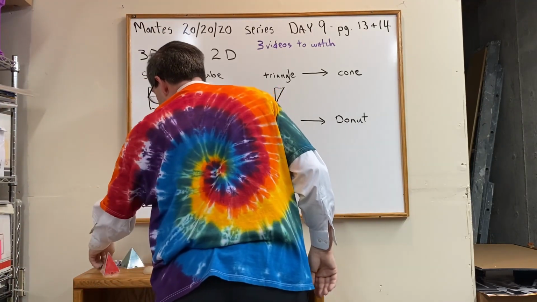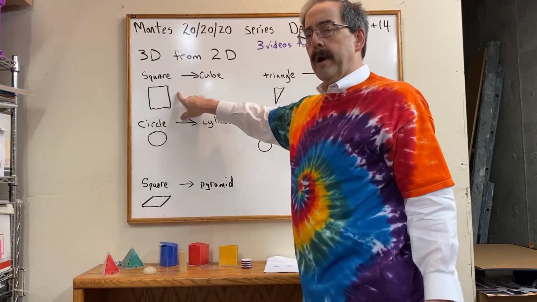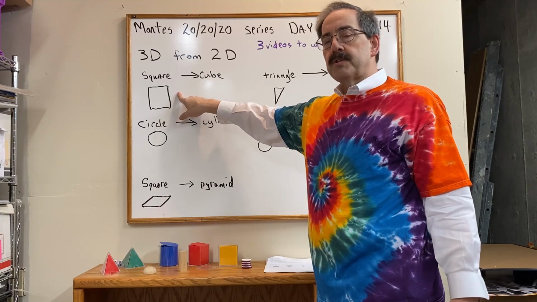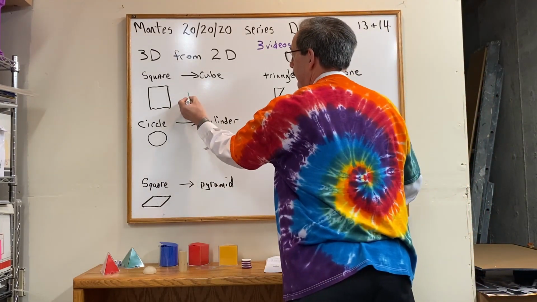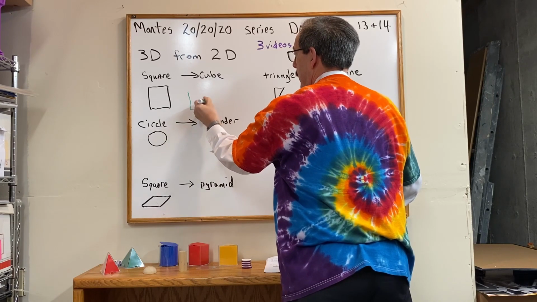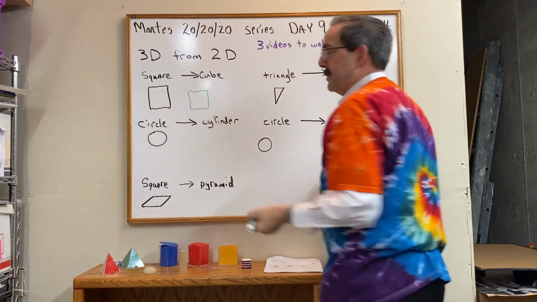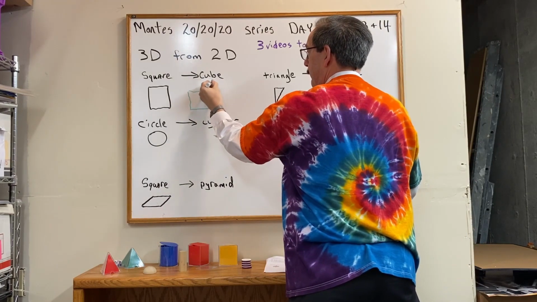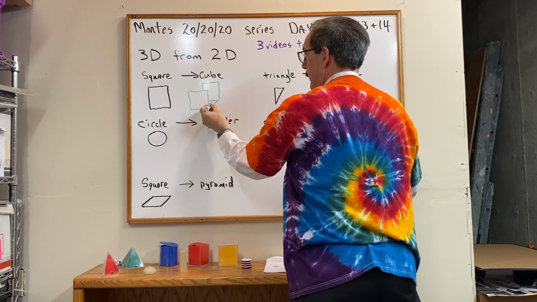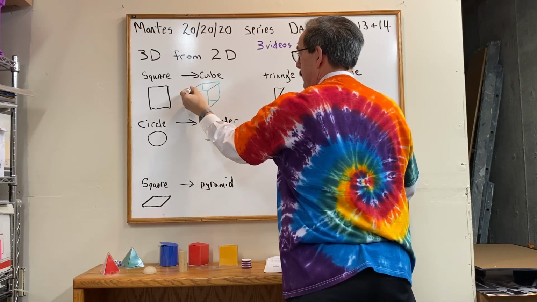So let's get started. A square. How does a two-dimensional square become a three-dimensional cube? I started out with a square and I just shift it up, connect the corners.